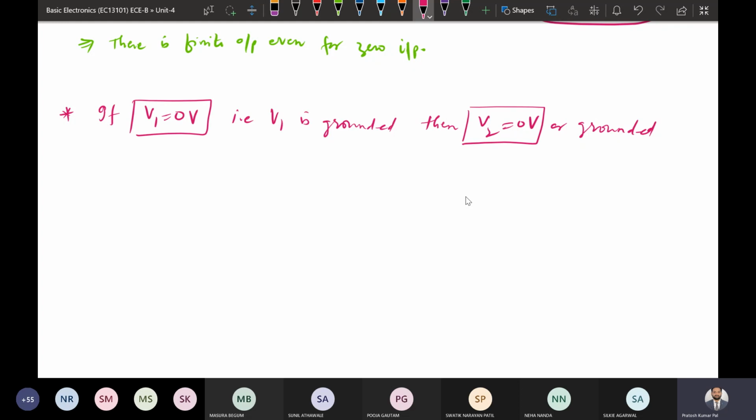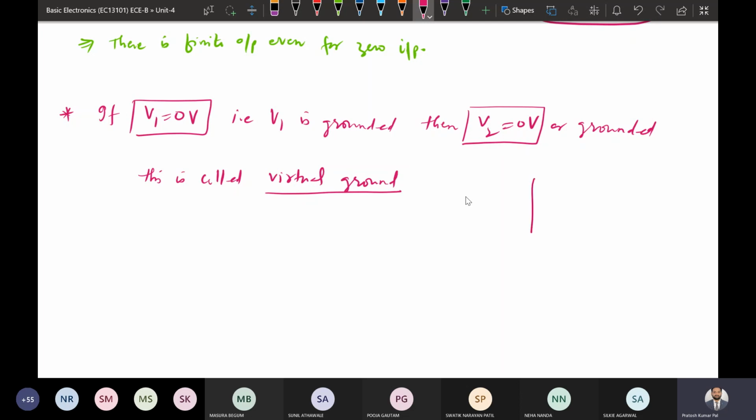This is called virtual ground. The process through which we make this circuit virtually grounded is called the virtual ground process.